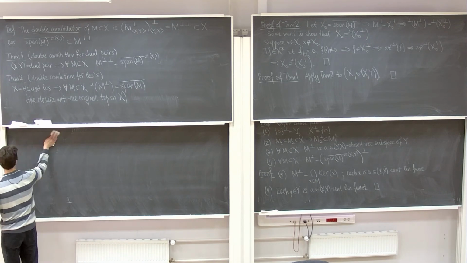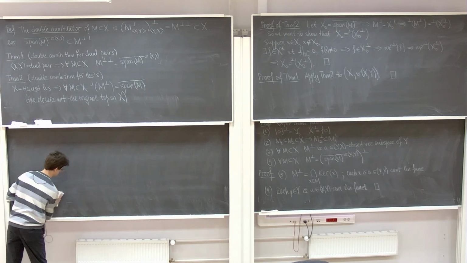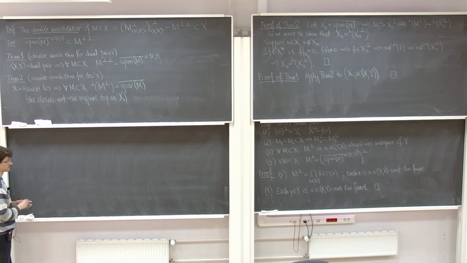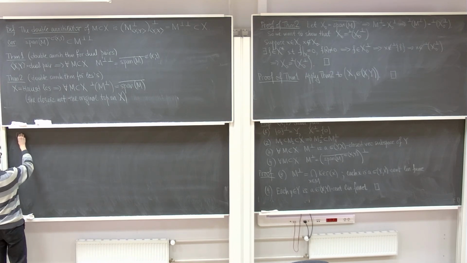Okay, let's now look at some corollaries of the double annihilator theorem. Corollary 1.